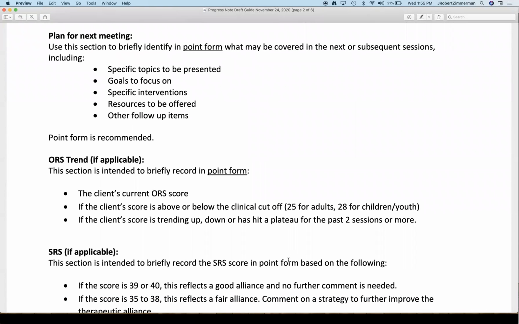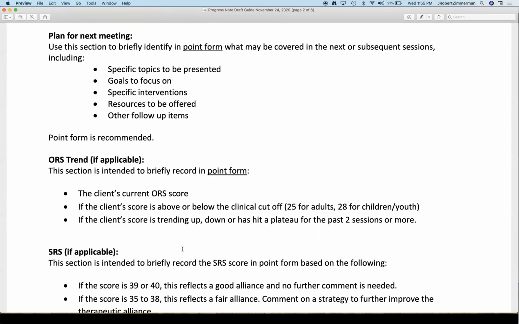Again, in point form, just what your hopes were or what you had planned to cover in the next session with the client. Specific topics you might have talked about or thought about presenting. Goals that you might focus on. Specific interventions and resources that you might offer, as well as other information.